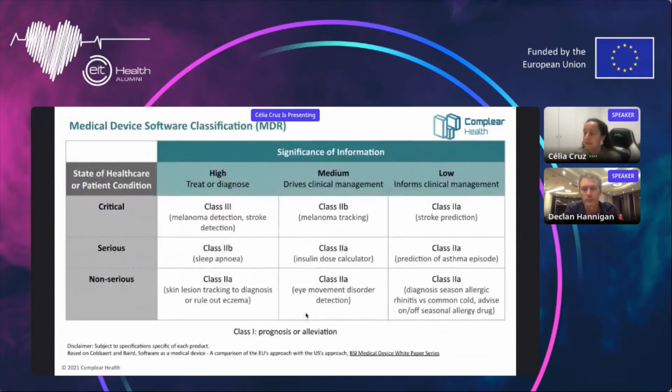Regarding medical device software, the main rule considered in the regulation is mostly Rule 11, which focuses on the significance of the information provided to the user and the state of the patient or patient condition. This is what will mostly affect the classification of your device.